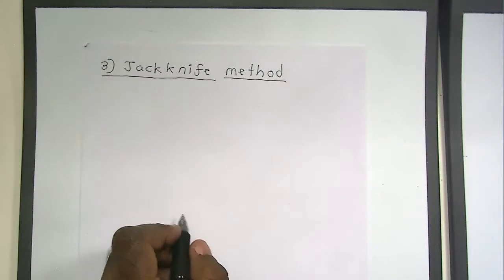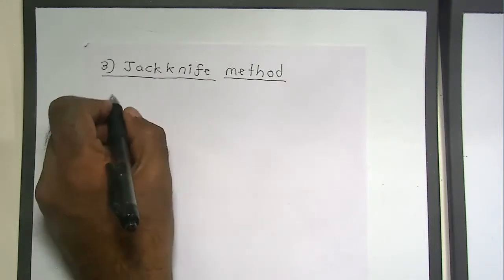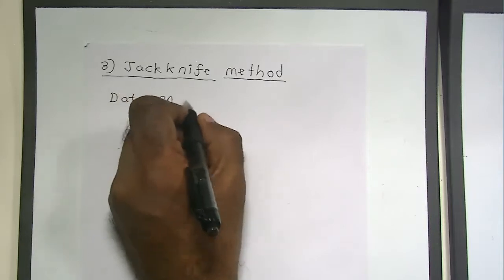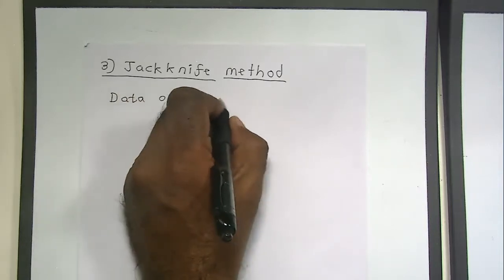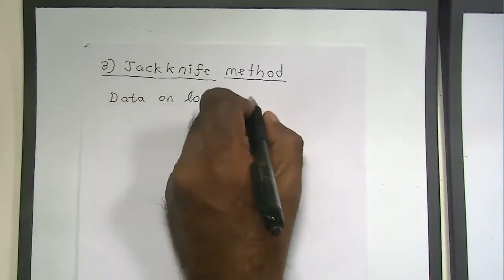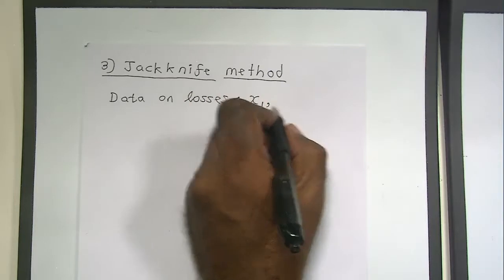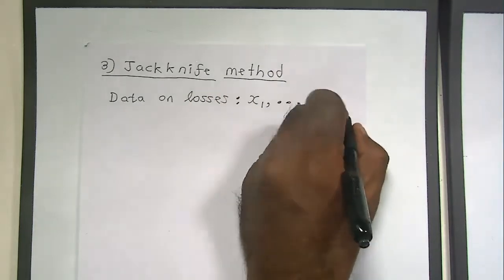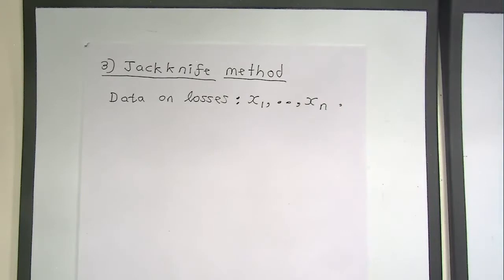Once again, suppose you have a data set on losses, x1 to xn. And the jackknife method works like this.